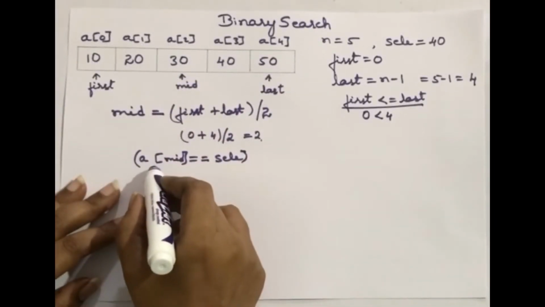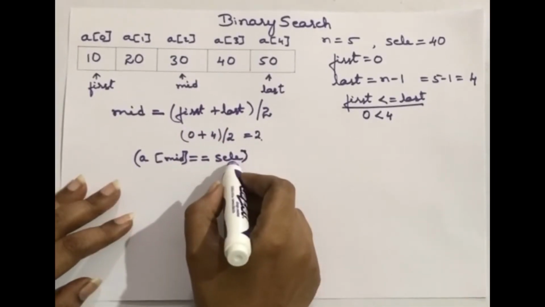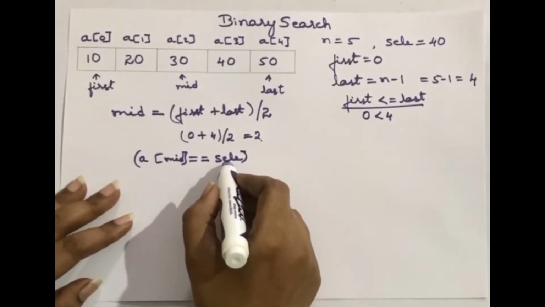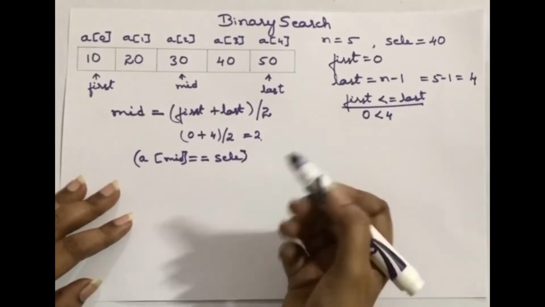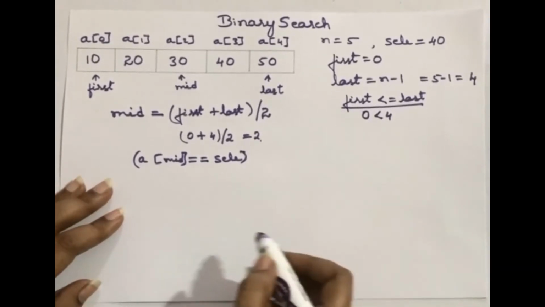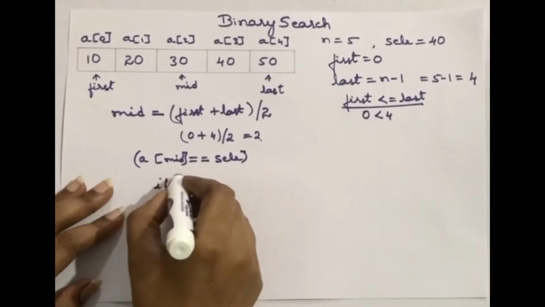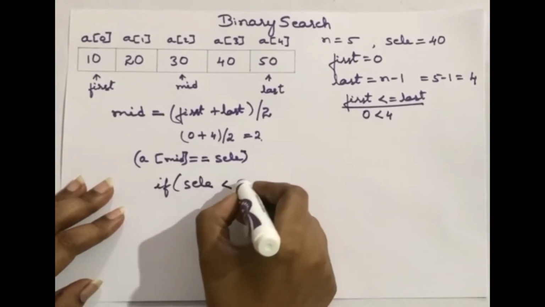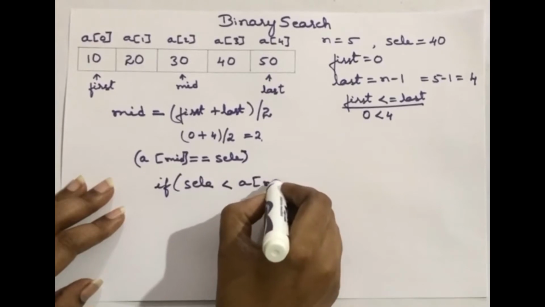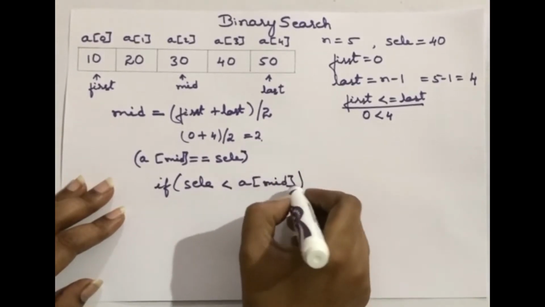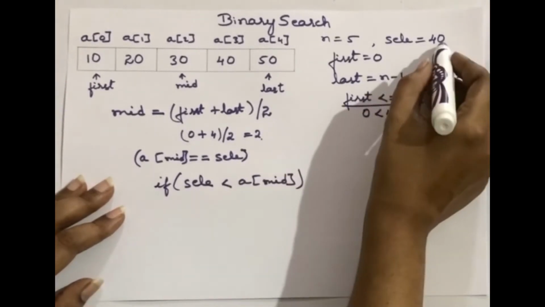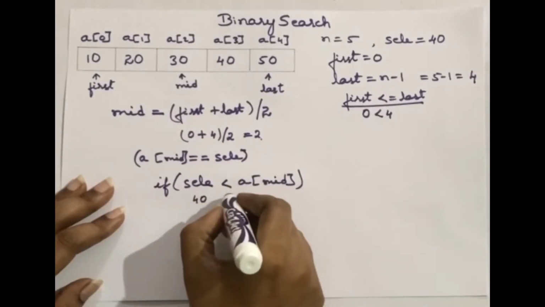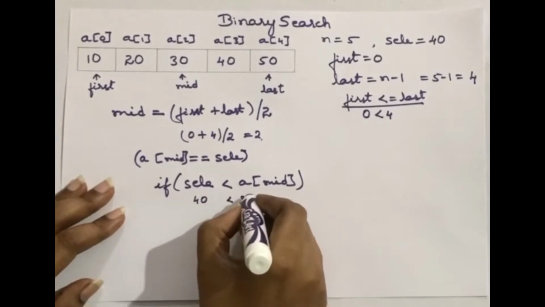We will check whether A of mid is equal to search element. When A of mid is equal to search element, we will print that the search element is found and come out of the loop, or else we will check if search element less than A of mid. The search element is 40 and A of mid is 30. 40 less than 30.